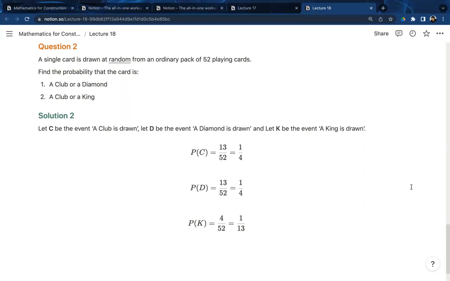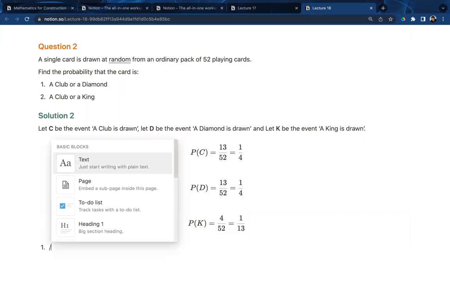And now I will start to do the parts. Now I could do the first part, right? I need these things for all the parts. I need to know what these things are. For the first part, they say club or diamond.